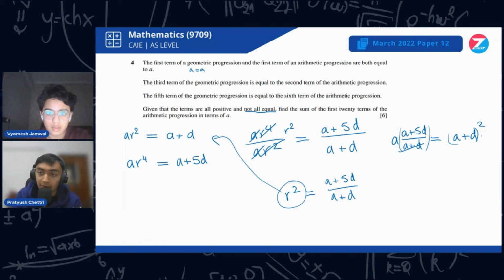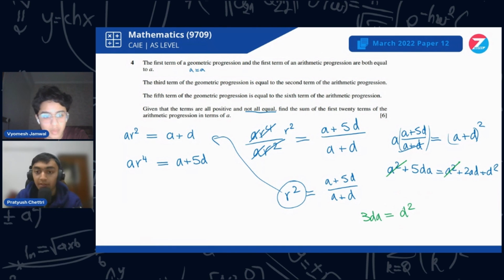So it's going to be a squared plus 5da equals a squared plus 2ad plus d squared. Then I can remove the a squared from both sides, and it's going to be 3da equals d squared. Divide both sides by d.